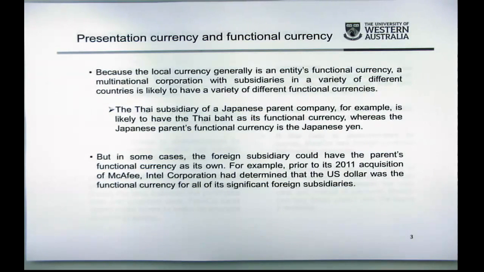So at the end of the year, when you as a parent company consolidate the financial statements of your subsidiaries with your own accounts, you need to translate the accounts of your subsidiaries into your local currency to consolidate them together. Okay? The problem is that some accounts are to be translated at the exchange rate prevailing on the balance sheet date, and some accounts should be translated at the historical exchange rate.